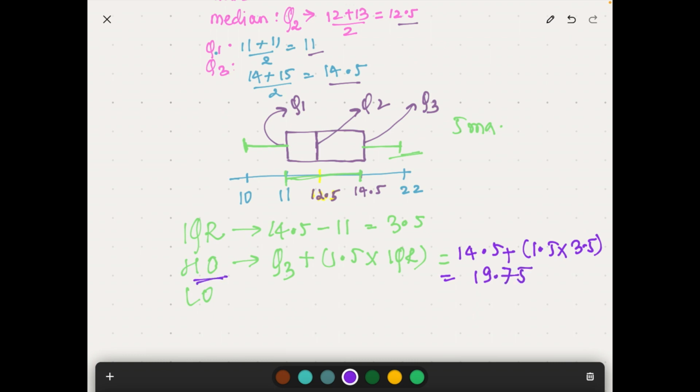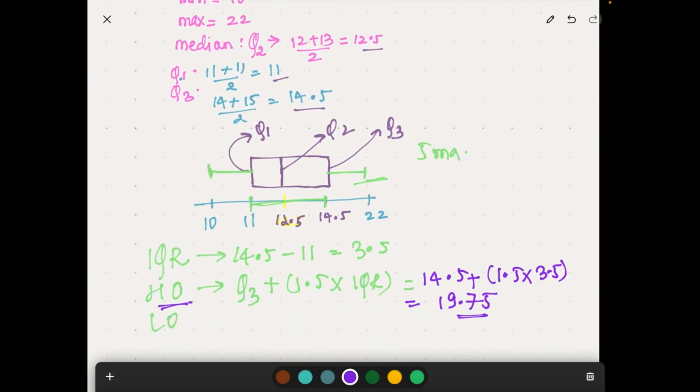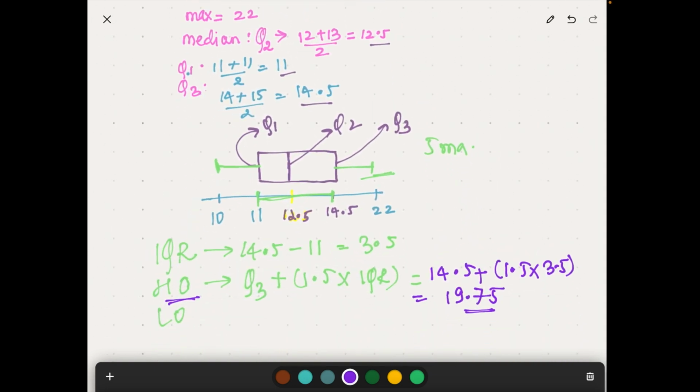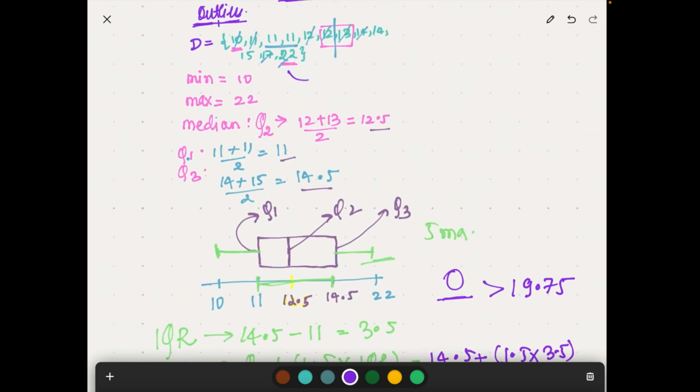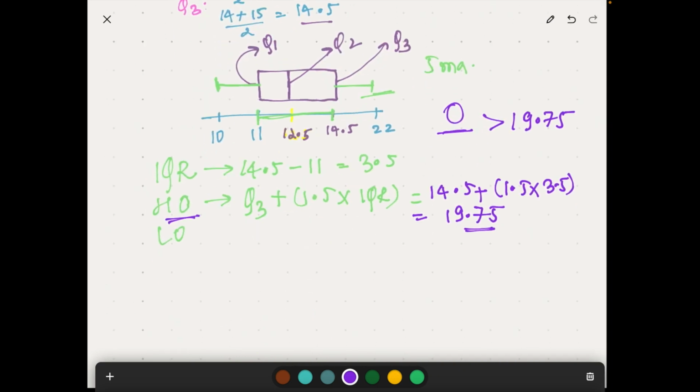This higher outlier, 19.75, means that if in your data set you have any value which is greater than 19.75, then that value becomes an outlier. So here in this case your 22 becomes an outlier. Now we move forward and find the lower outlier value as well. That is going to be Q1 minus 1.5 into your interquartile range.